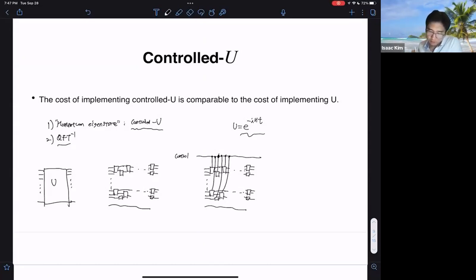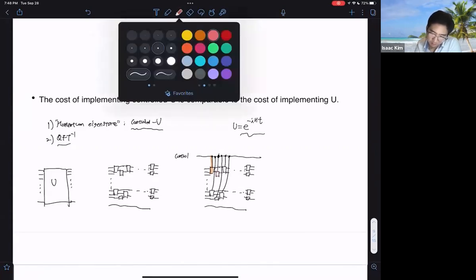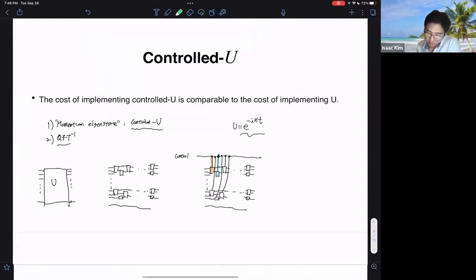When you do that, let's look at this gate. You started with a 2-qubit gate, and by adding a control, you change that into a 3-qubit gate. For this one, you started with a single qubit gate, but then you changed that into a 2-qubit gate because you added a control. Either way, you mapped a simple gate that acts on a few qubits to another simple gate that acts on a few qubits.